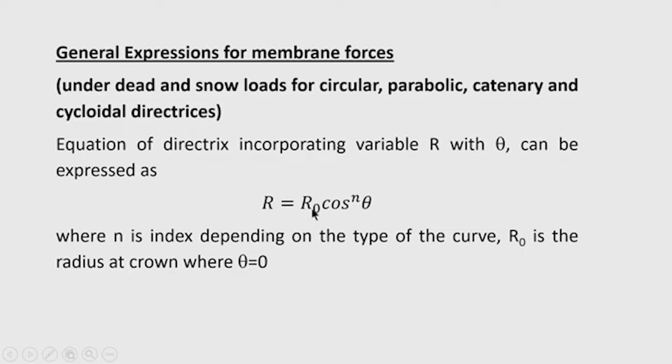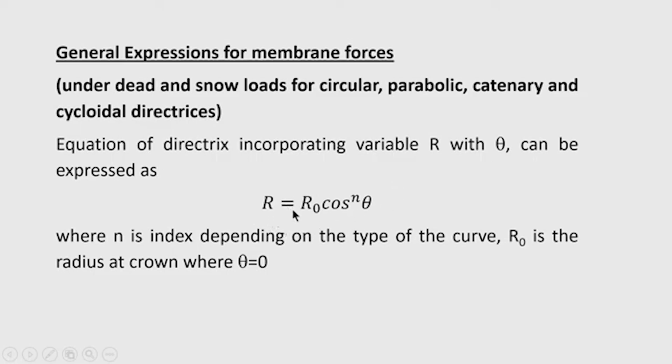Here r naught represents the radius of curvature at the crown, that is the highest point on the shell, and n is a number which may be negative or positive depending on the nature of the curve.